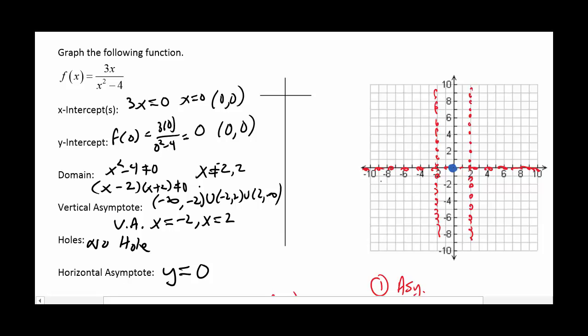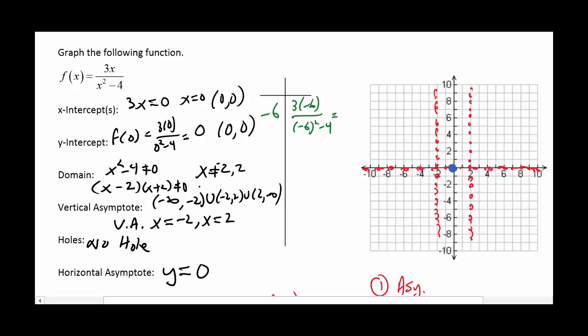So let's start over here with negative 6 and evaluate that at negative 6: 3 times negative 6 over negative 6 squared minus 4. Now I don't really care what the number is.